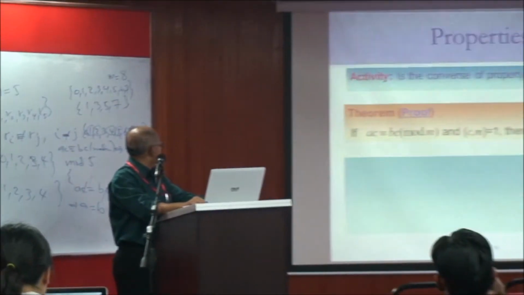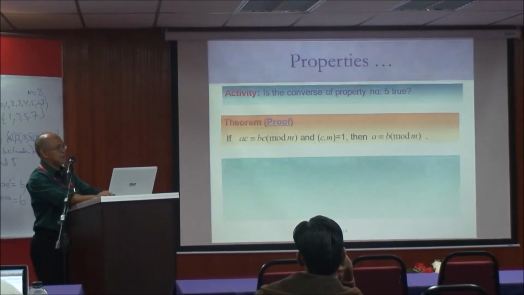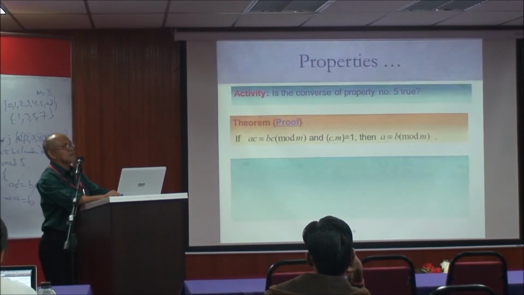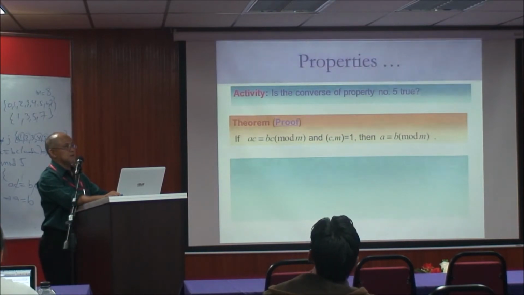The only time that you can cancel out is when C and M are relatively prime. If C is relatively prime to M, then only you can cancel out C, so that A is congruent to B, mod M. Otherwise, in principle, it's not always true.